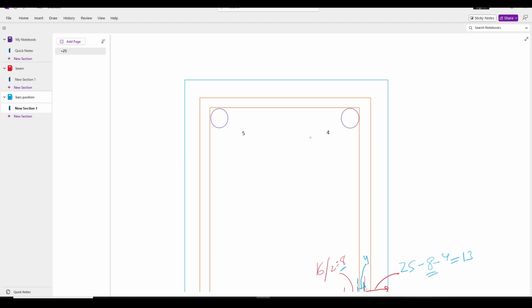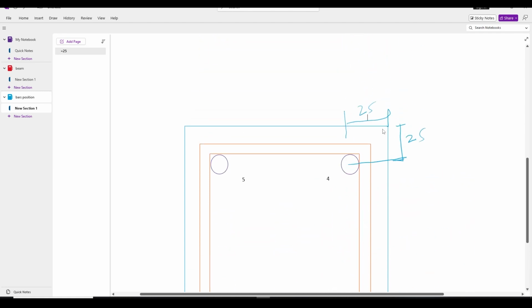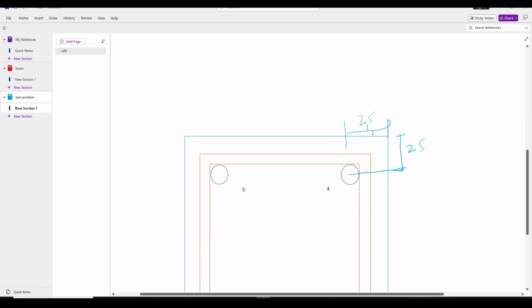To calculate the position of these bars, let's take the similar distance. The effective cover of this bar is 25, so here it is also 25. So in x direction we have 25, and in y direction it is 460, the depth of the beam, minus 25.